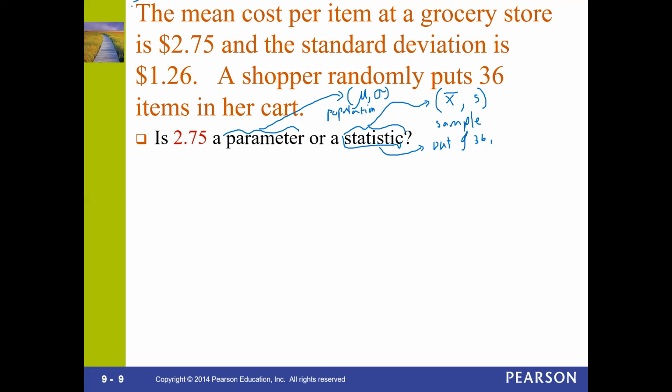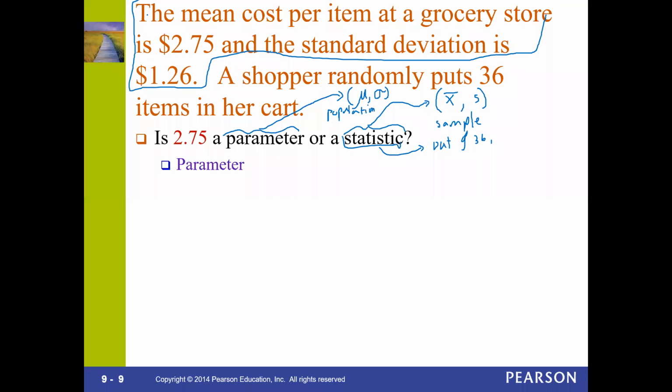This is a general idea. In general, this is the price. We didn't calculate it. It didn't say that from 36 items, this is the mean. So therefore, we need to treat this one as a parameter because that's a general idea.